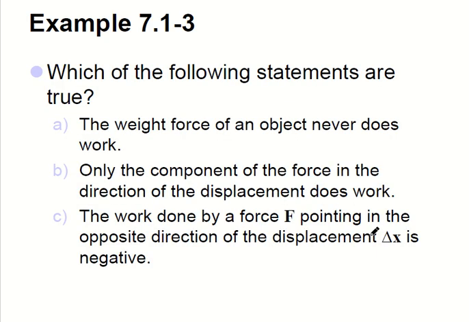Then we get into our multiple choice again, for example 7.1-3: which of the following statements are true? The very first one is, the weight force of an object never does work. That's not true. This is out right away. If this weight overcomes the resistance force which is opposing it, it would definitely travel a distance.